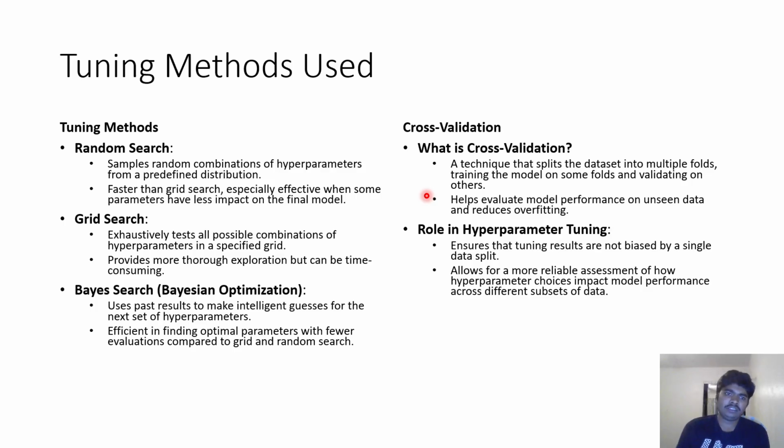Grid search tries all the combinations of the hyperparameters in a specific grid. Bayesian search is an intelligent search which guesses the next set of hyperparameters with the help of the present one. These are the tuning methods I used.